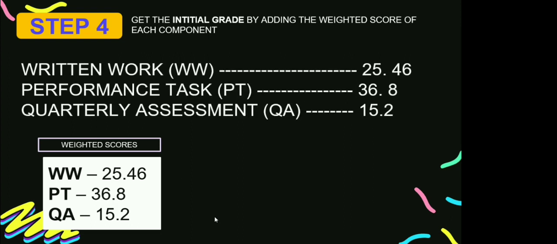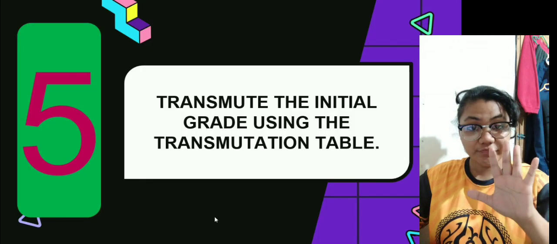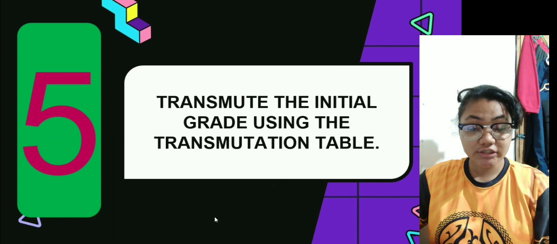For the performance task, we have 36.8. And for the quarterly assessment, we have 15.2. Once we add all the weighted scores, the result is 77.46. So basically, the initial grade that we have is 77.46.